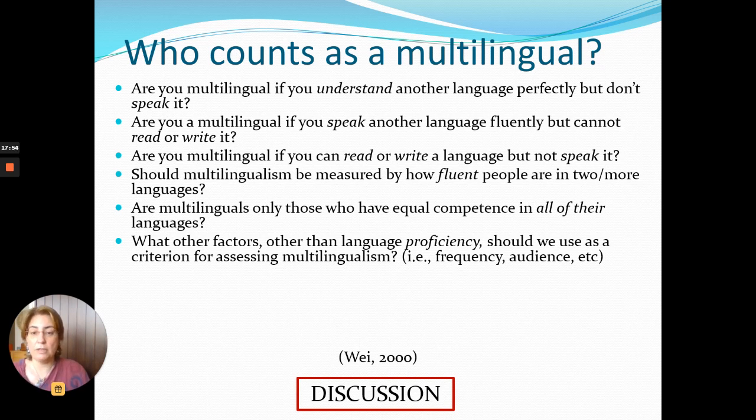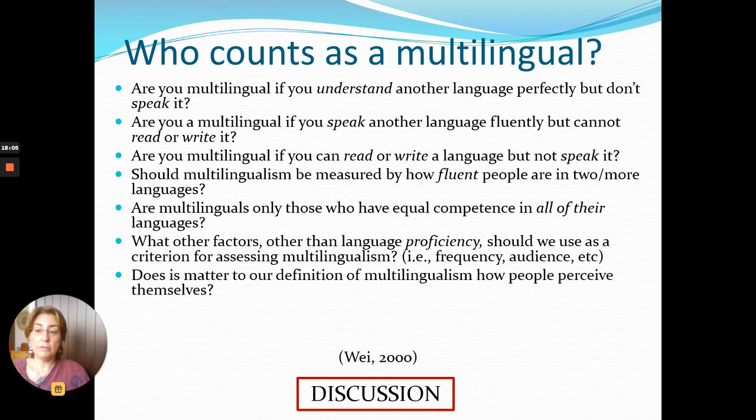What are other factors other than just looking very atomistically at the different properties of the linguistic system of that speaker?